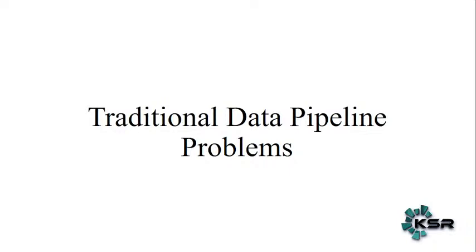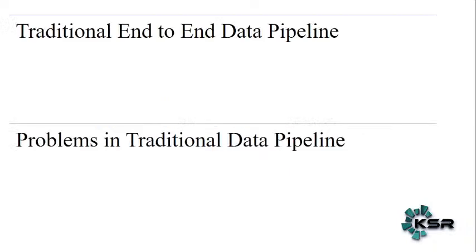Well, the word traditional means how it was happening previously, and how we are going to provide a better solution today in cloud. Now, in order to understand better, we'll first talk about a traditional end-to-end data pipeline.